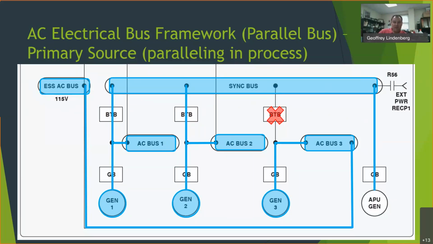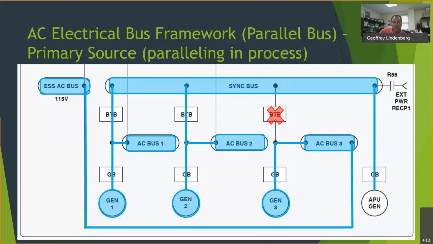And then the same process is done for the third generator. So again, we're going to turn that switch to Gen 3. We're comparing the sync bus frequency. We compare the sync bus frequency here to the generator 3 frequency down here. We adjust the frequency control knob to either speed up or slow down the AC bus 3 frequency until it matches the sync bus.